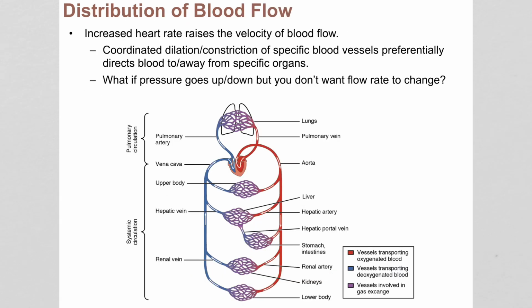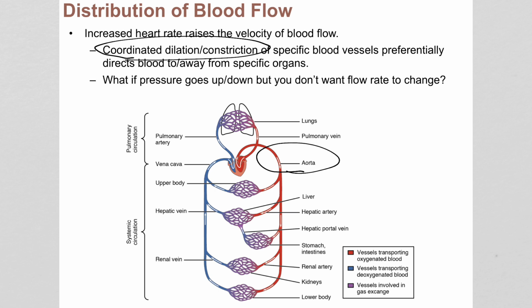Okay, so in the end, when I say a coordinated dilation and constriction of blood vessels, coordinated just meaning you're going to constrict to some organs at certain times and dilate to others, right? We're never constricting or dilating the aorta. That's all elastic. It doesn't even have much muscle to contract anyway.